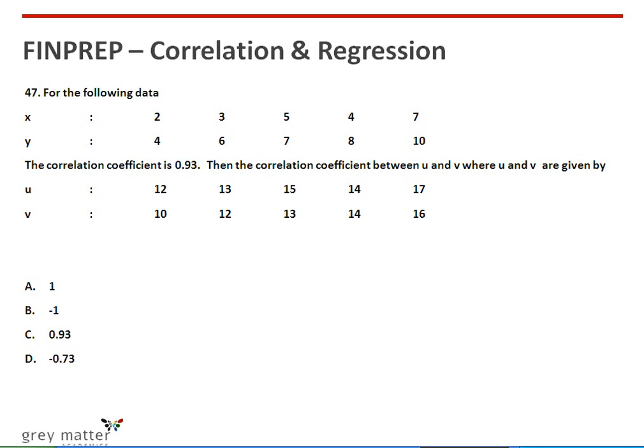47th question, for the following data, in the first pair x and y, the data is given, their correlation coefficient is 0.93. We need to find the correlation coefficient between u and v, where u and v are given as follows. Now you see u can be expressed as x plus 10. That is, you have to add 10 to each data value of x.